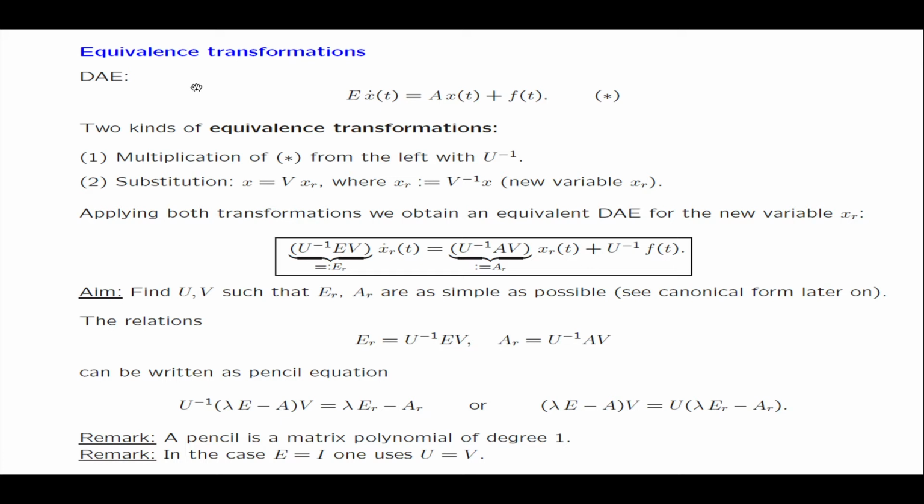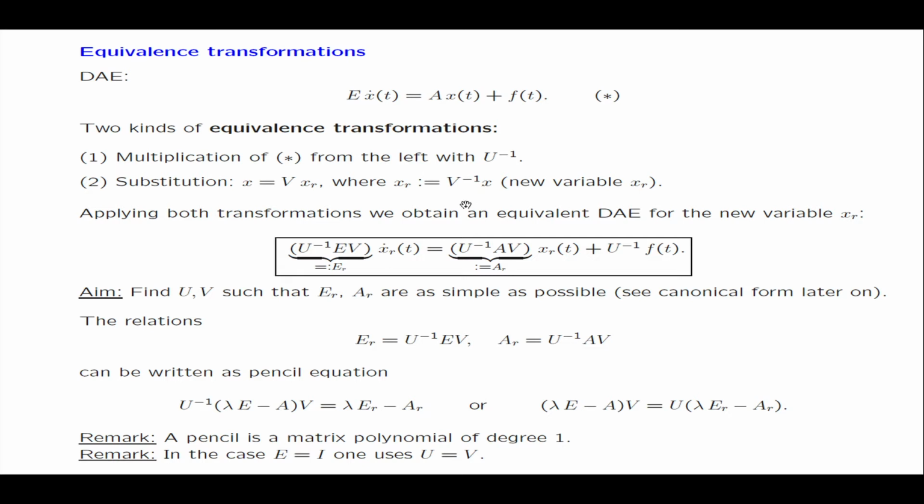So what we also discussed in the last session was equivalence transformations. Suppose we have our differential algebraic equation, and now we can apply two kinds of equivalence transformations. We can multiply our equation from the left with the inverse of a square matrix, and we can make substitutions. We can replace the variable x here by V times some x_r, where x_r is just defined in this way.